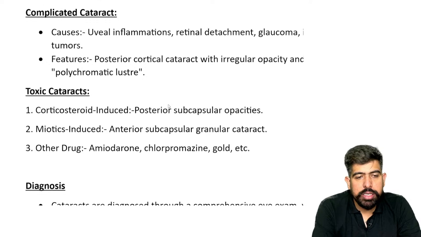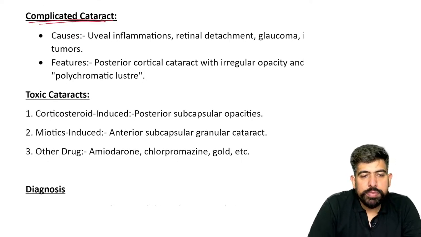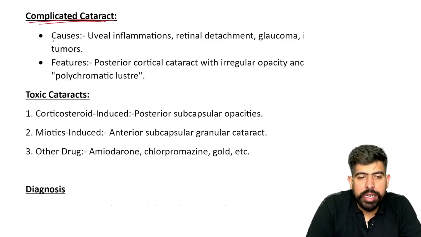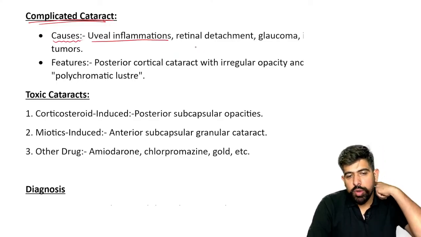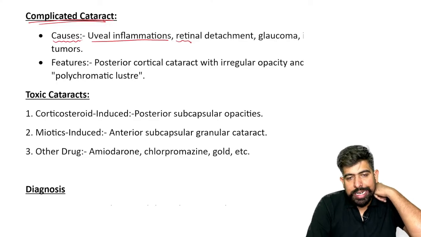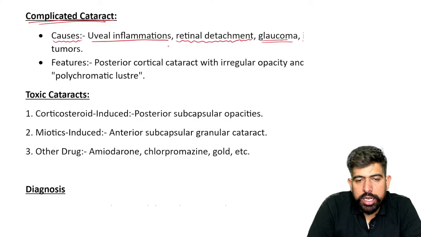Some more cataracts are left, like the complicated cataract. What do we mean by complicated cataract? The causes are uveal tract inflammation, which is known as uveitis, retinal detachments, glaucomas, and intraocular tumors.